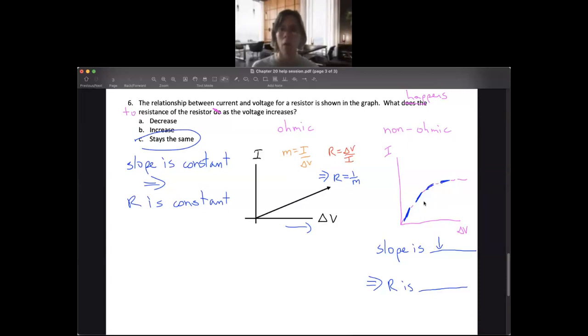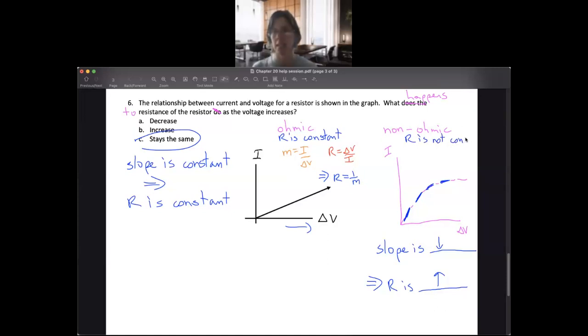So it still shows you that if the slope is decreasing, then the R must be increasing because they're inverses of each other. So R is not constant. So we can put R is not constant.